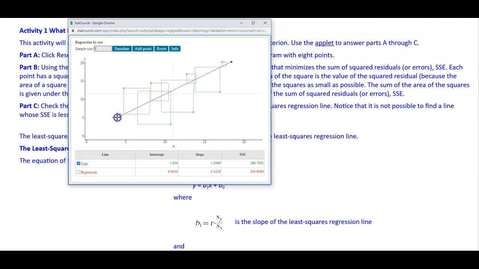So the closer we get here, which right now is about, let's see, 282. Let's see, is that the smallest one that we can get? We got 256, 248, 230, 20. So you can see here, this is giving us the line of best fit.